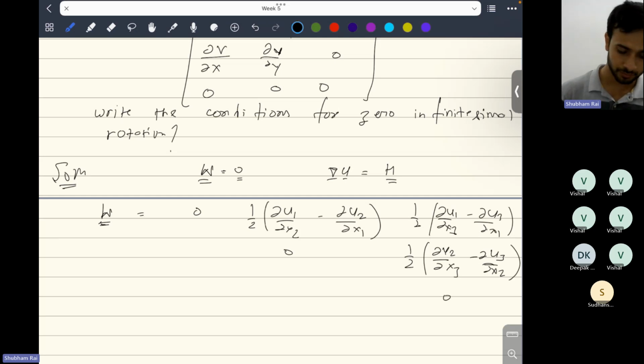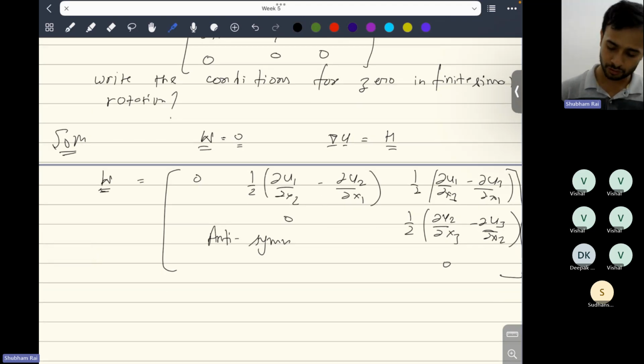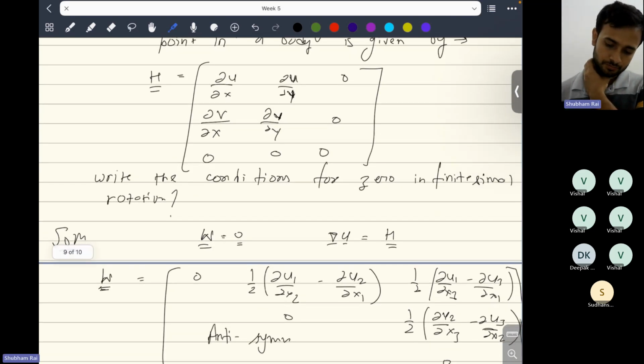And this is 0, and the rest of the elements you can write because it is antisymmetric. Each of these elements should be 0 because we want the condition for 0 infinitesimal rotation.